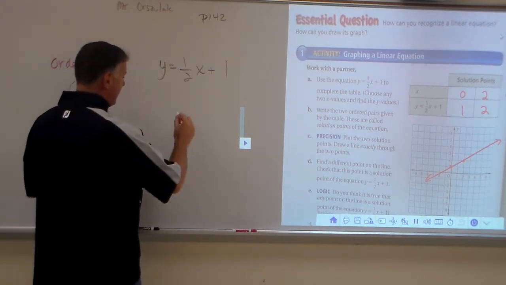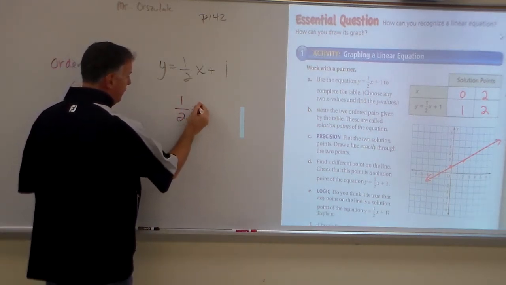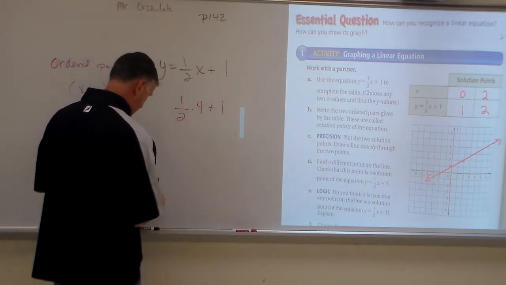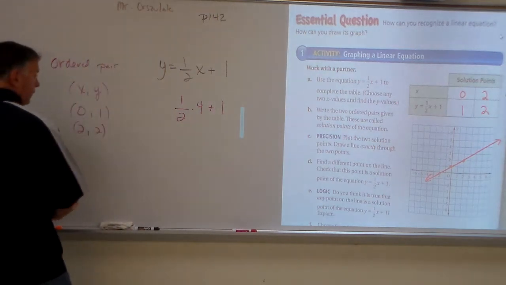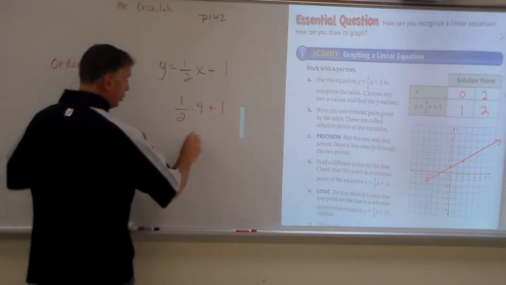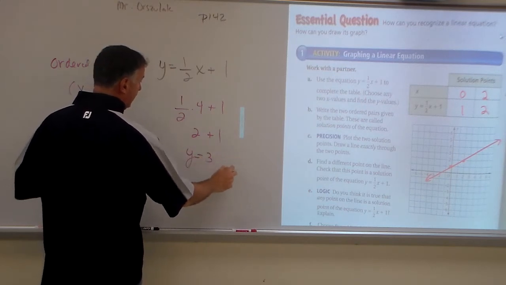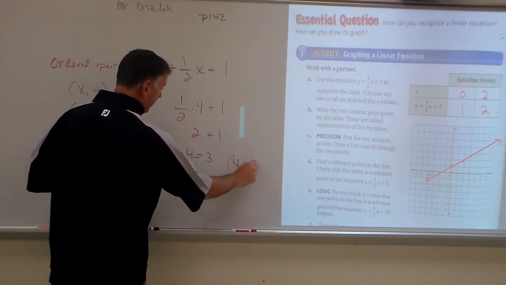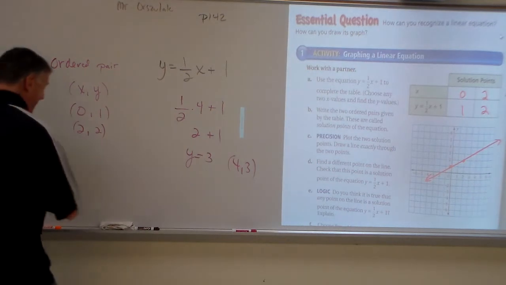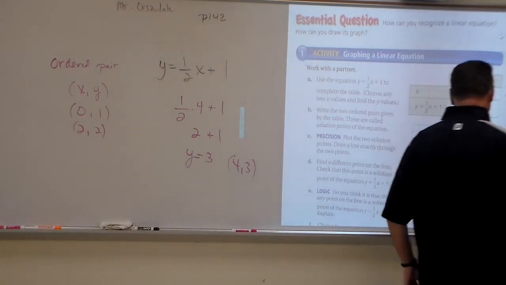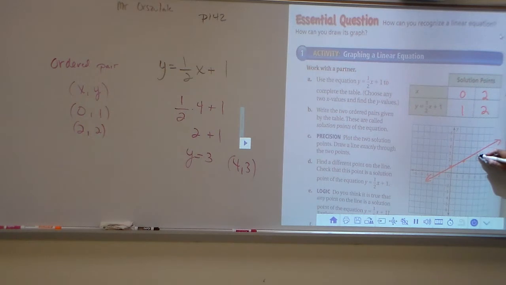So I'm taking half of 4 plus 1, and half of 4 is 2, and 2 plus 1 is 3. So when I plugged in a 4, I got a 3. I knew that ahead of time, and that's where I knew that my graph was not exact, because 4, 3 would be right here, and if I make my point there, the line kind of hits it.